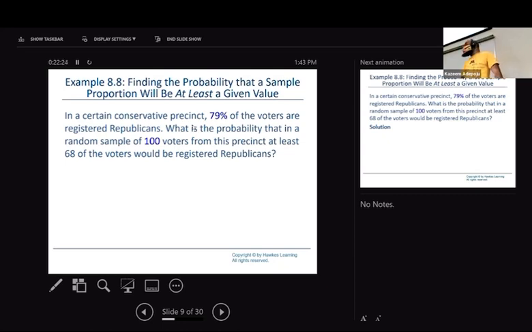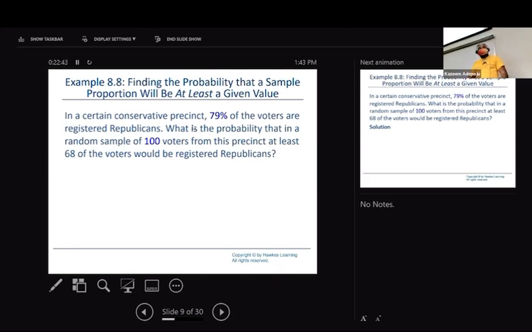Therefore, there is no difference between greater than and greater than or equal to. They are the same when the random variable is continuous in nature.